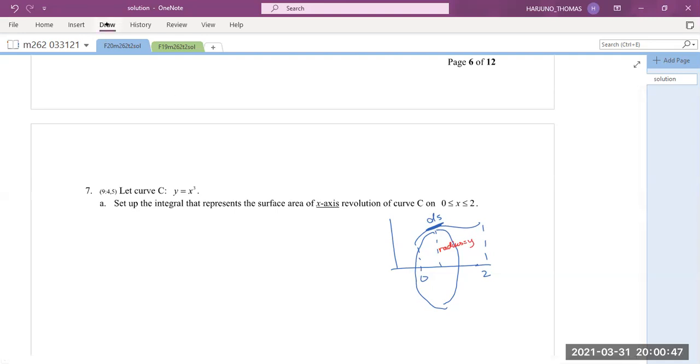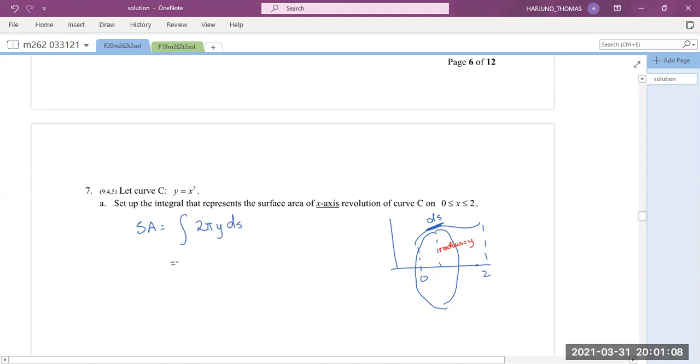I don't remember the formula precisely, but then the surface area will be the summation of 2 pi radius, right? 2 pi y ds, right? That's the big formula.